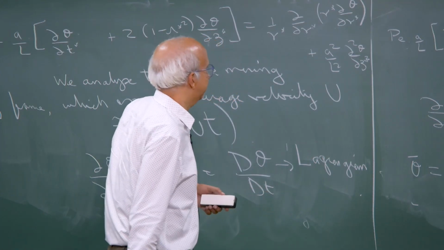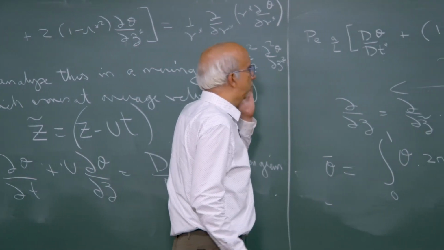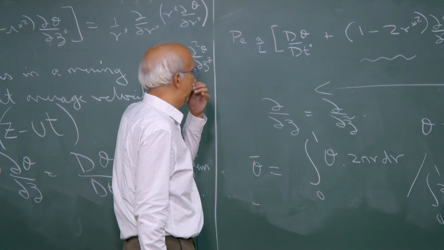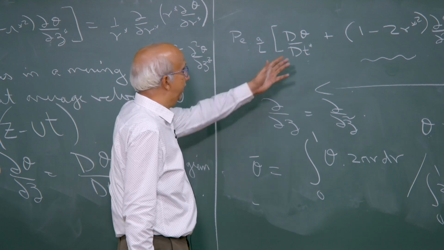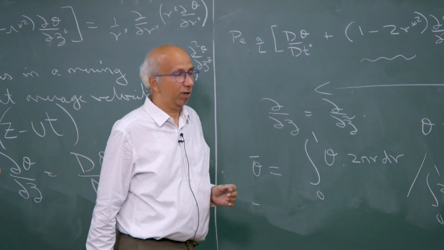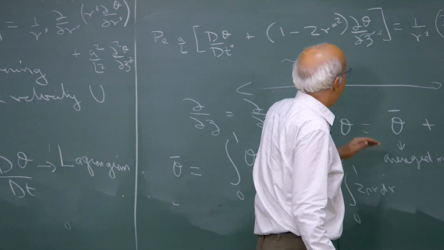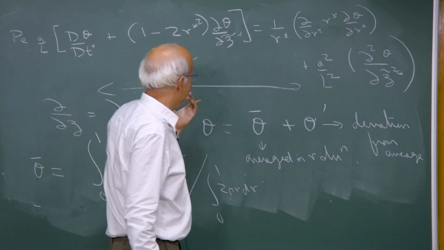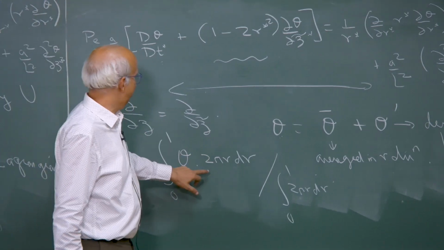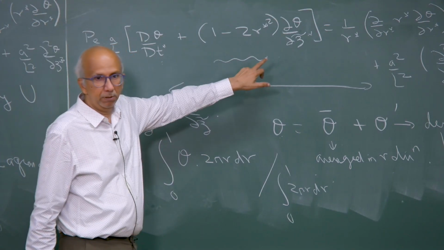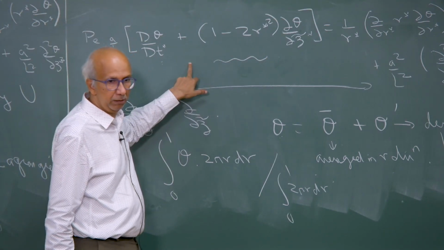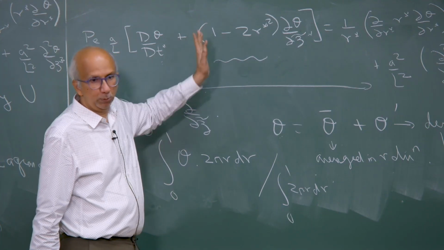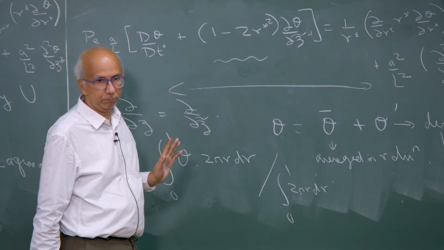So, my job is now to actually average this equation, which means basically I have to multiply every term by 2 pi r dr and integrate it from 0 to 1. Okay.